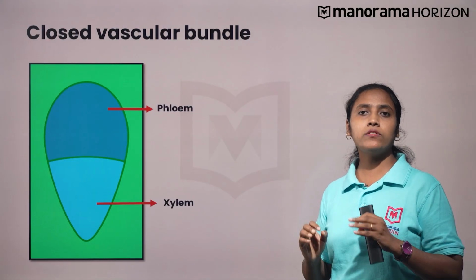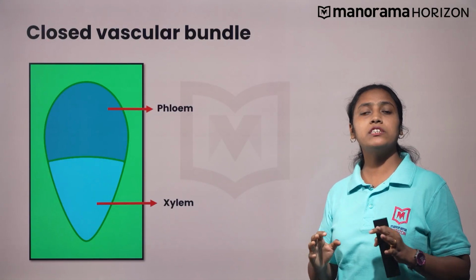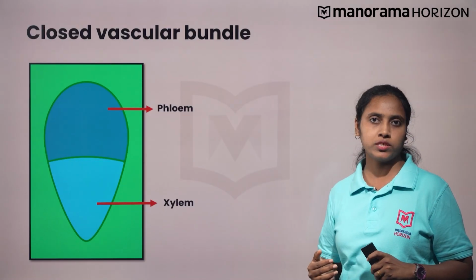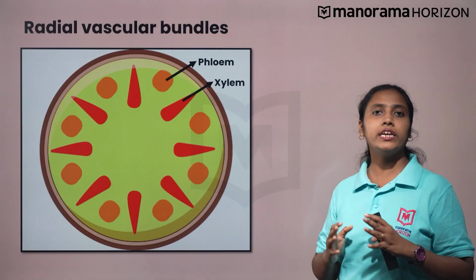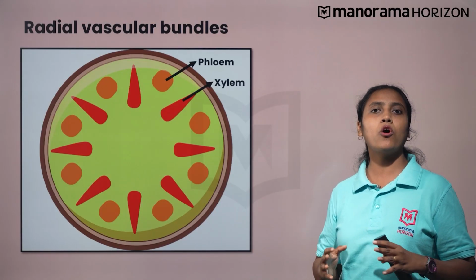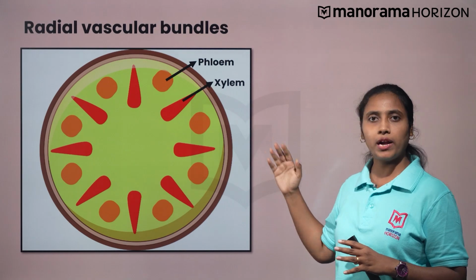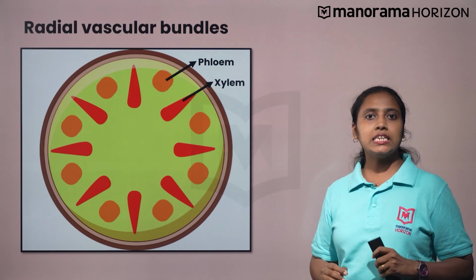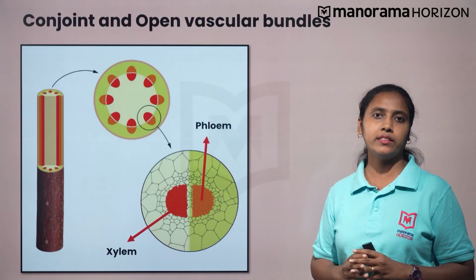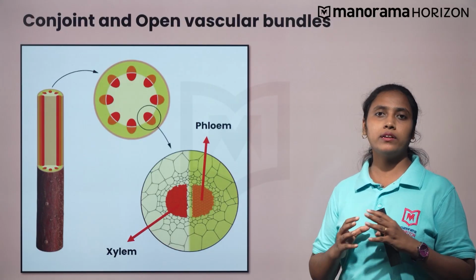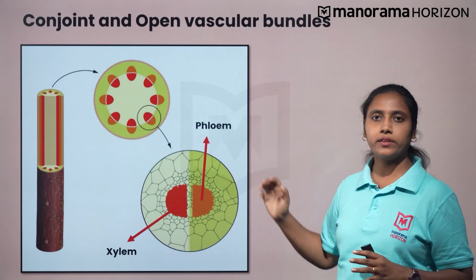The arrangement of xylem and phloem is different in roots and shoots. In roots, the phloem and xylem are arranged in an alternate manner and are called radial vascular bundles. Whereas in shoots, the phloem and xylem are seen joined together and the vascular bundle is known as conjoined.